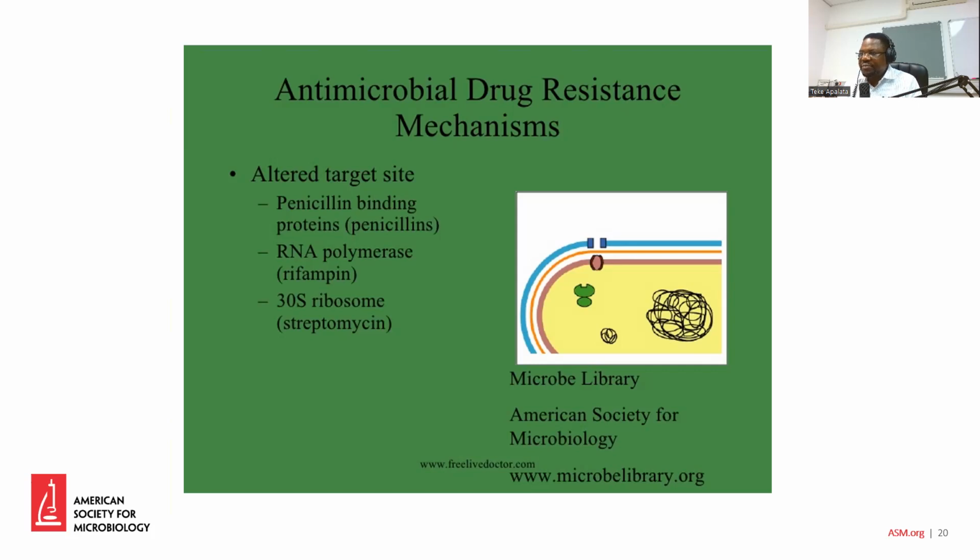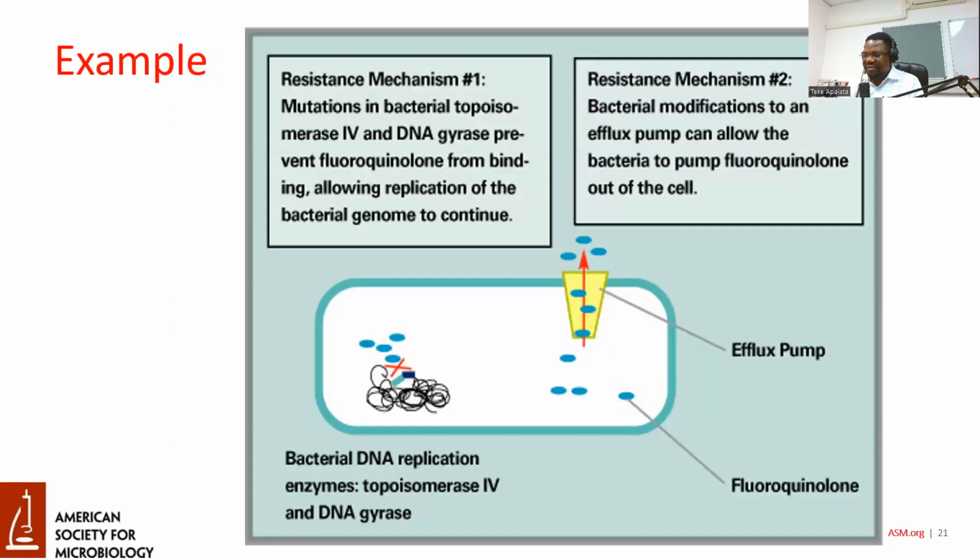If there is an alteration of the target site, that is the 30S subunit of the ribosome, then we will not have a good interaction between the antibiotic and its target in the microorganism, like your aminoglycosides. They target the 30S ribosome. So they will not be able to do so, and there will be resistance development.